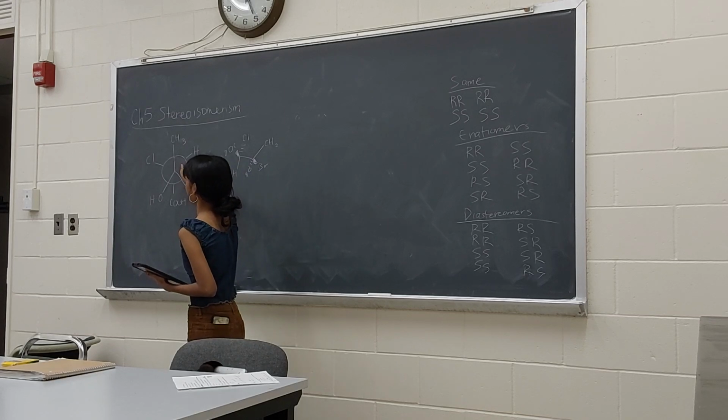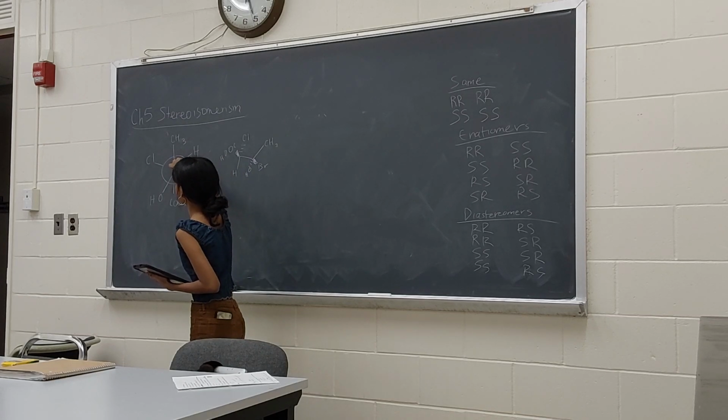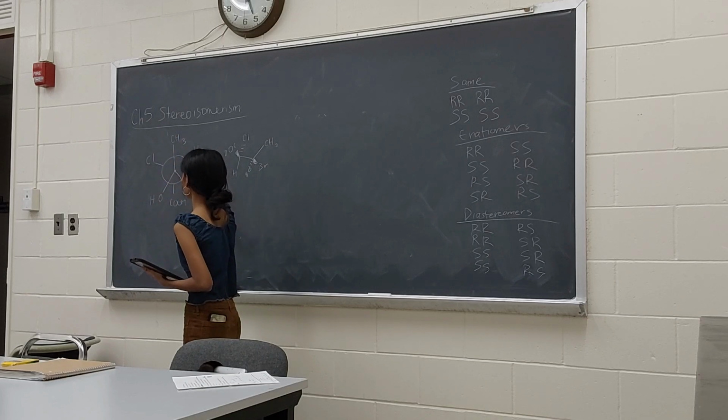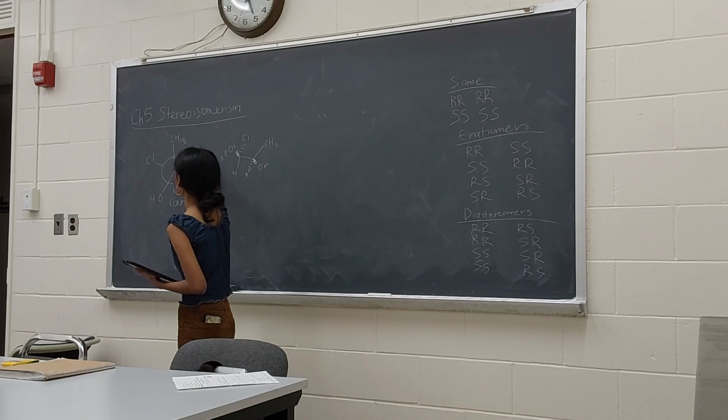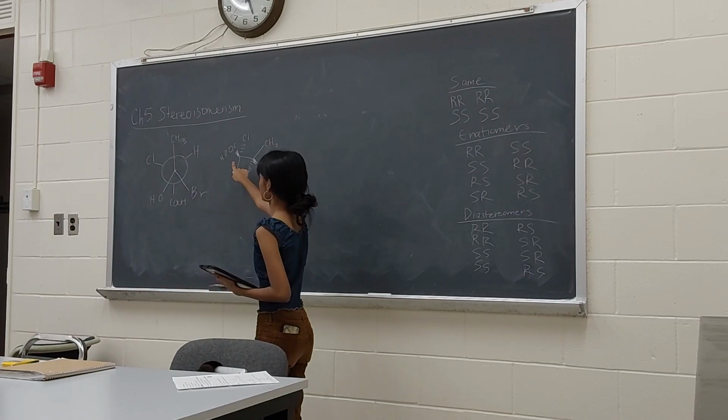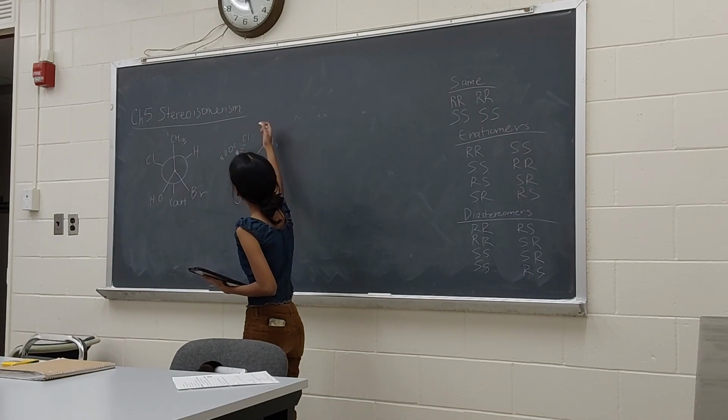So this is the back carbon, right? And this is the front carbon. This carbon has CH3, OH, and Br, and the one behind it has hydrogen, chlorine, and carboxylic acid.